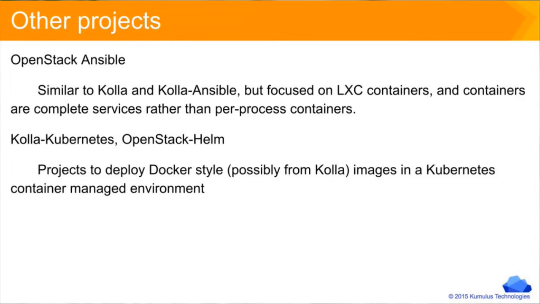So again, not something that we're looking at specifically in this particular session, and something we might look at in the future. There we would be looking at something like Kolla Kubernetes or the OpenStack Helm project, two projects that are looking at how to take a set of images and deploy them within that Kubernetes environment.